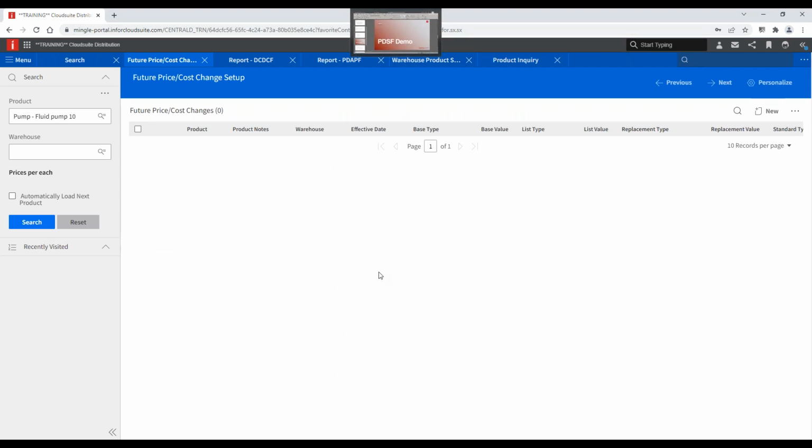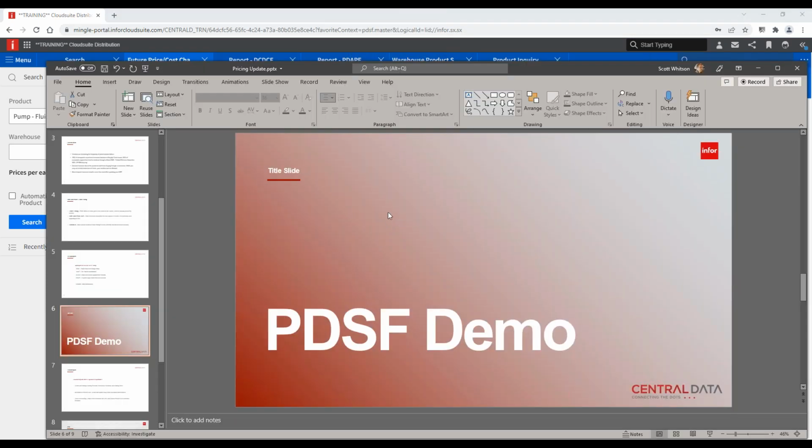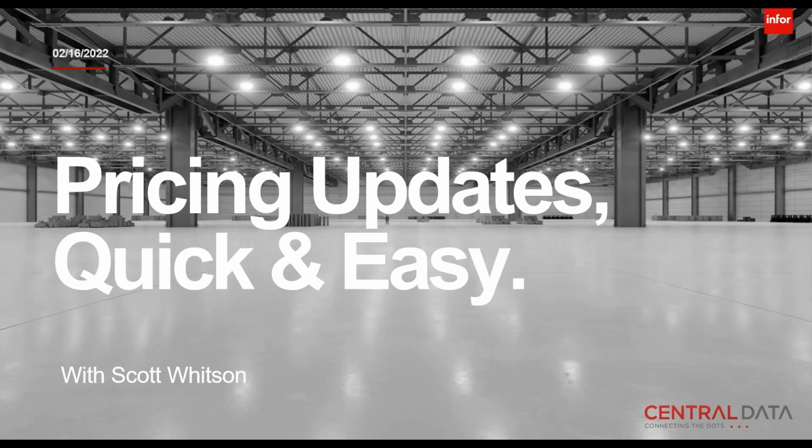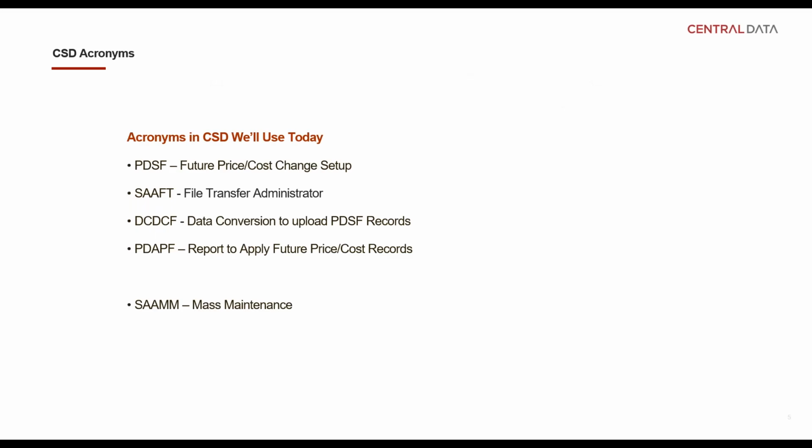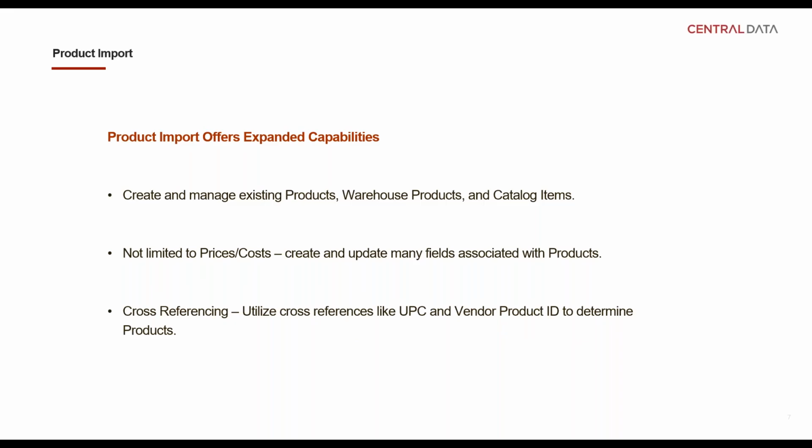I did want to talk, it's a great tool, it's very straightforward, but I wanted to show you real quick. If it's not providing you everything you need, there is a more advanced tool called product import.